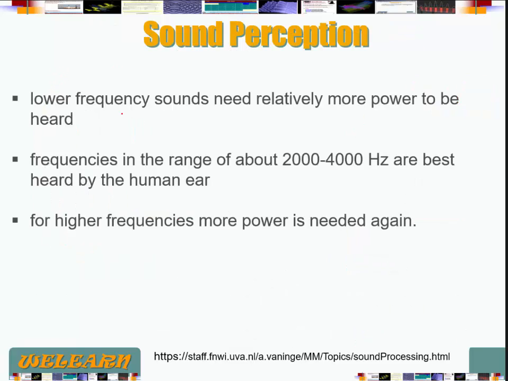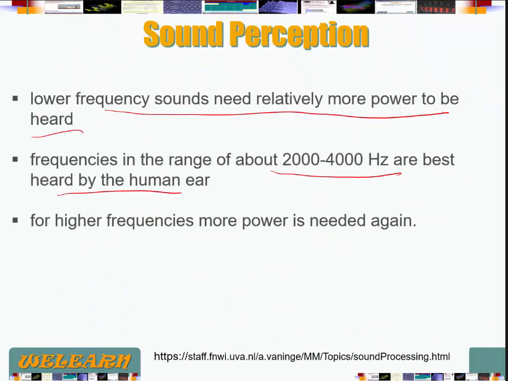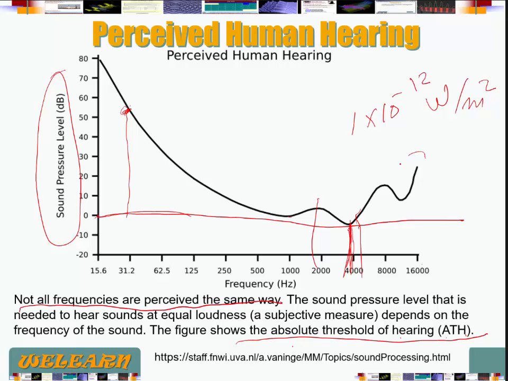Essentially, lower frequency sounds need more power to be heard. This is what we hear best. Something from 2000 to about 4000. That's what we are hearing best. High frequencies, we need more power again. Okay, you see it going up.